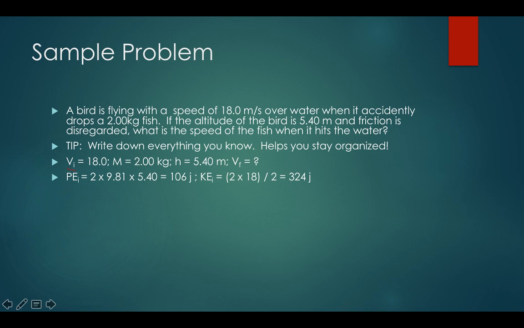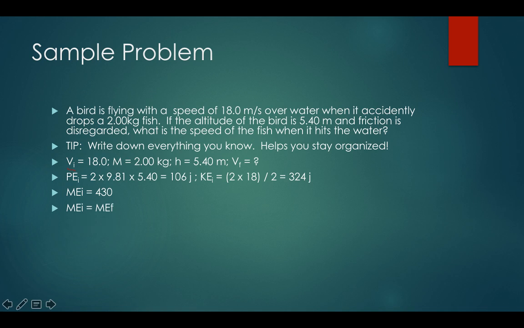But I also have kinetic energy as well, because I have velocity, the bird is flying. So I take the mass of the fish, 2, multiplied by 18, the velocity of the bird and the fish, squared and divided by 2, and that gives me 324 joules. Now, because mechanical energy is potential energy plus kinetic energy, my mechanical energy is 430.